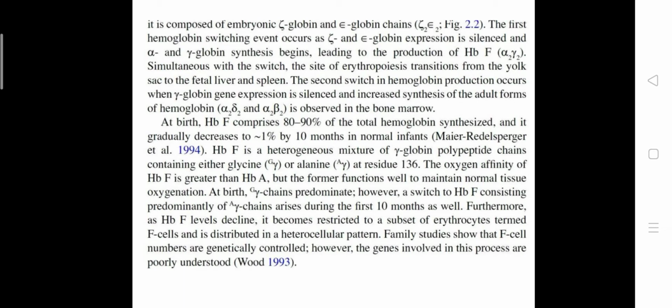The second switch in hemoglobin production occurs when gamma globin gene expression is silenced and increased synthesis of the adult forms of hemoglobin is observed in the bone marrow.